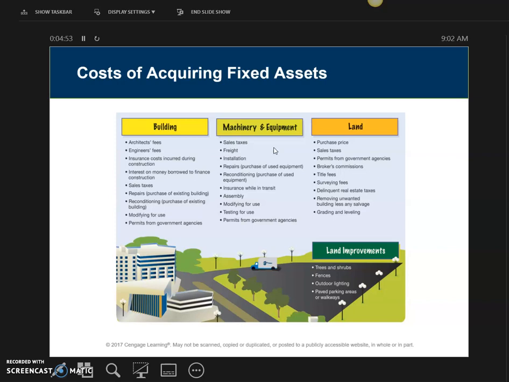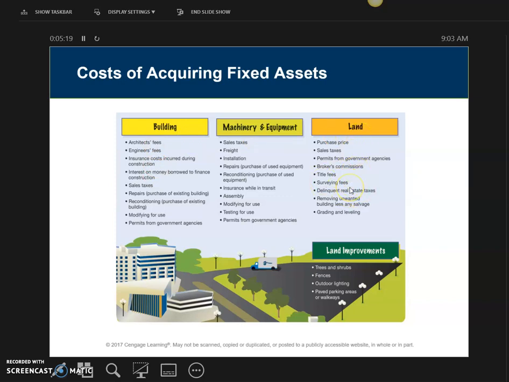Did I pay sales tax, freight, installation, insurance while in transit? Did I have to have somebody come in and assemble it? All of these costs go into the cost of the fixed asset. All of these costs would increase the cost of the building that I'm building. And then there's the land, if I buy land.